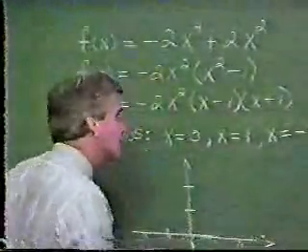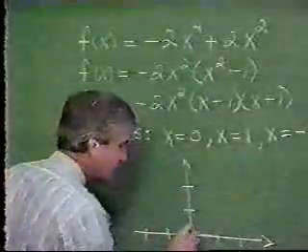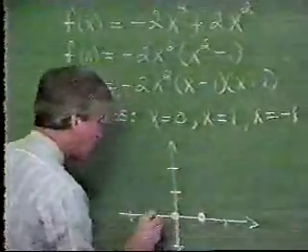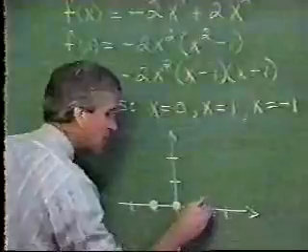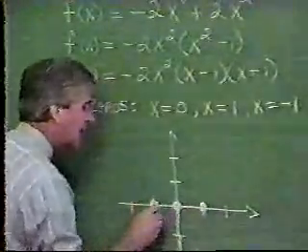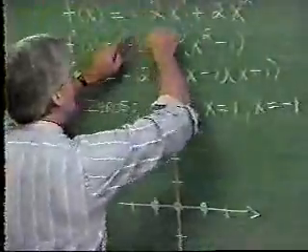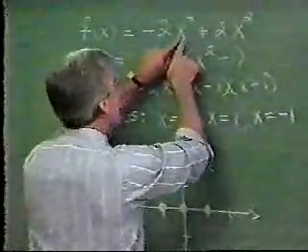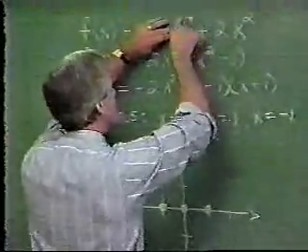All right, now look at what this looks like on a graph. X is 0, that's here. X is 1. X is negative 1. Now, part of the behavior of this graph can be found by doing a leading coefficient test. Let's do that. Up here in the original function, if x is big positively, then that big positive number raised to the 4th power is a large positive number.